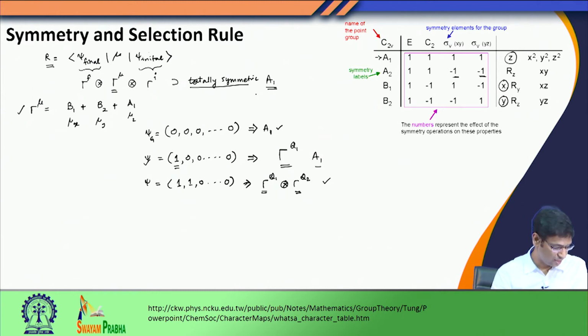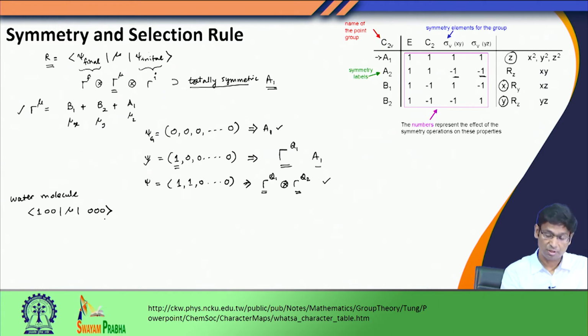Now, let us take an example. Suppose we now consider the water molecule. So far our discussion was in general. Suppose I am going from 0 0 0, the ground state of the water molecule, to 1 0 0, where the Q1 mode is excited by 1 quantum.